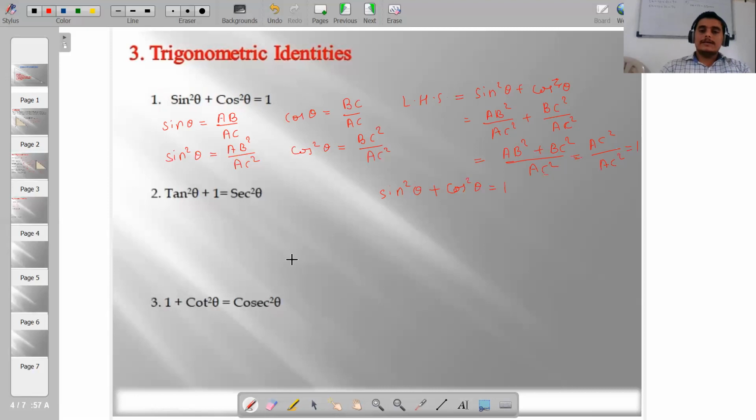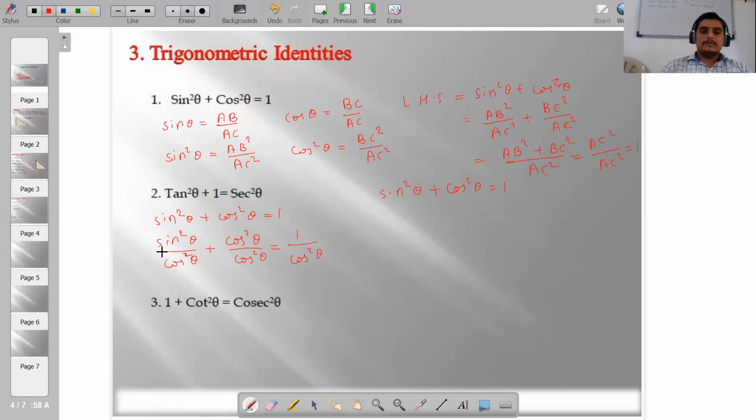Now, we are going to use this identity to prove the remaining two identities. For example, here we write the first trigonometric identity, that is sine square theta plus cos square theta equal to 1. Now we will divide this identity throughout by cos square theta. So my equation becomes sine square theta upon cos square theta plus cos square theta upon cos square theta equal to 1 upon cos square theta.